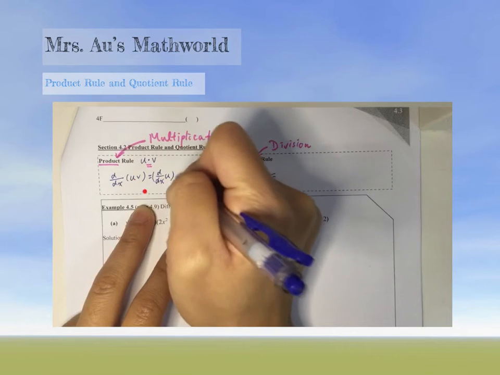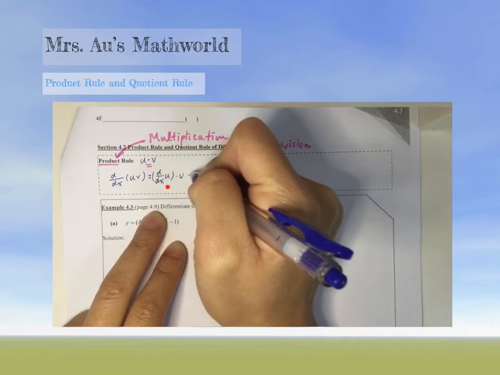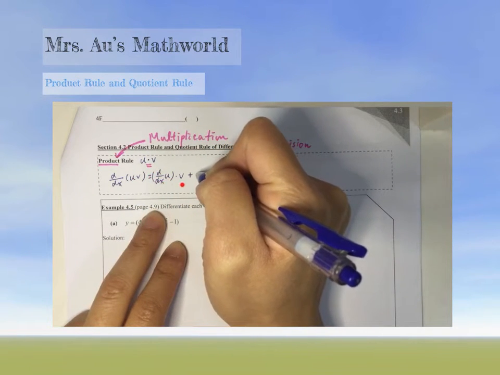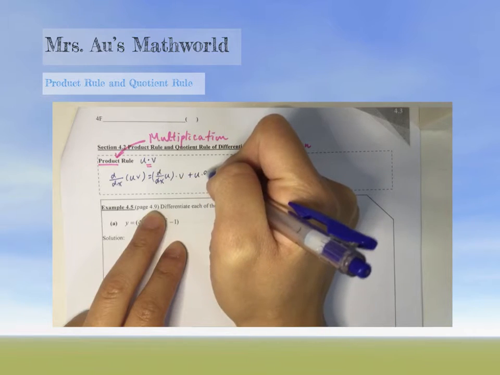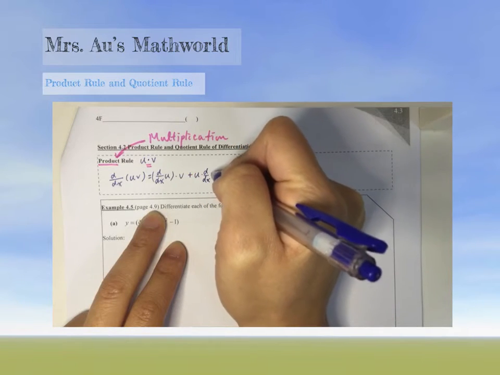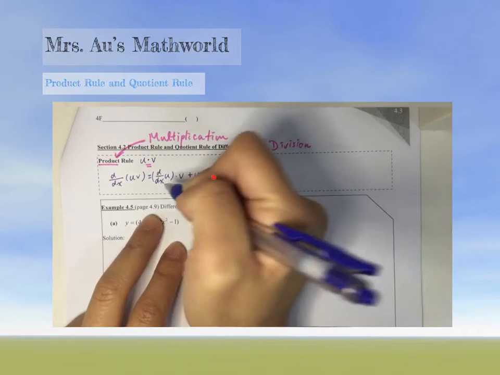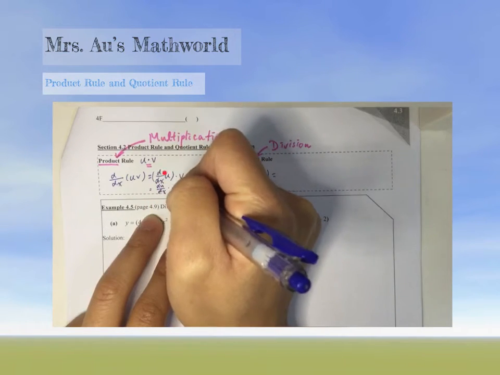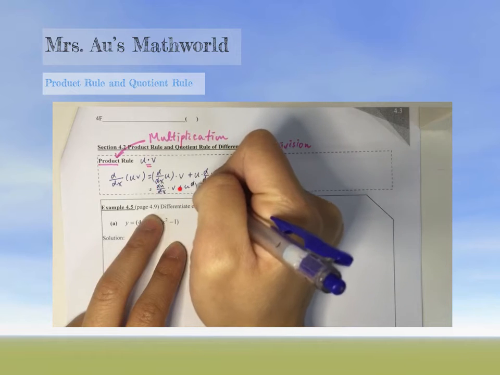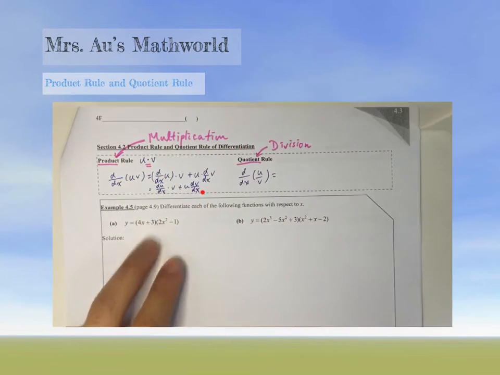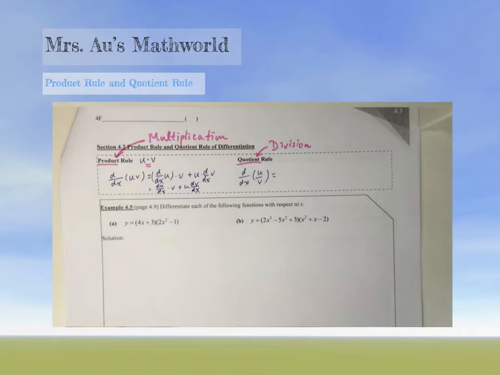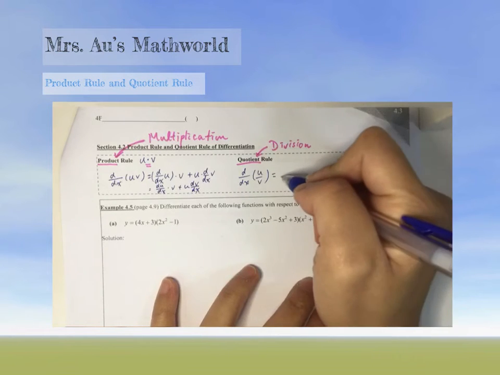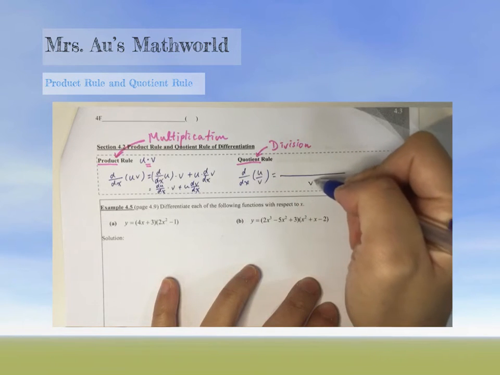So we differentiate the function u first and keep the v, and plus the second one, that means we keep the u and we d the v. Every time we differentiate one of them and keep the other one. This is the product rule for two objects.